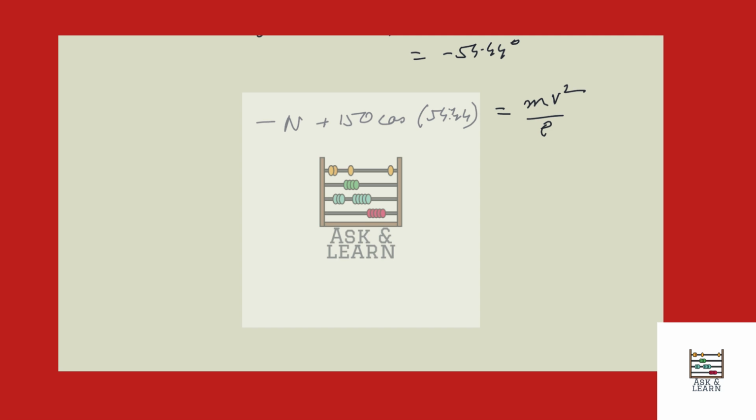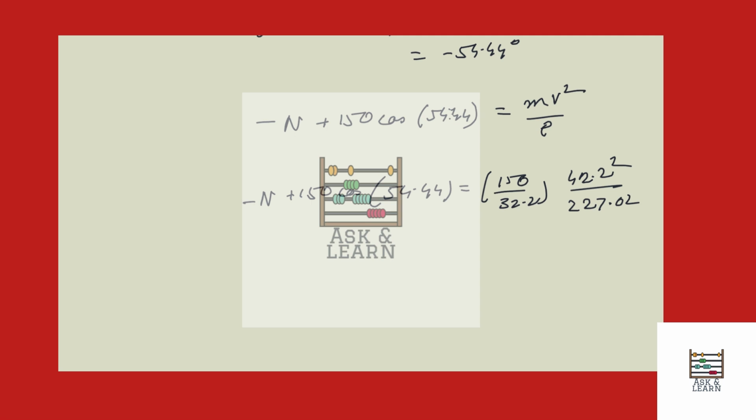That is, the mass is 150 over 32.2, v is 42.2 squared, over 227.024.